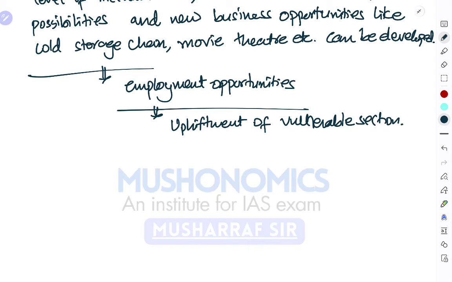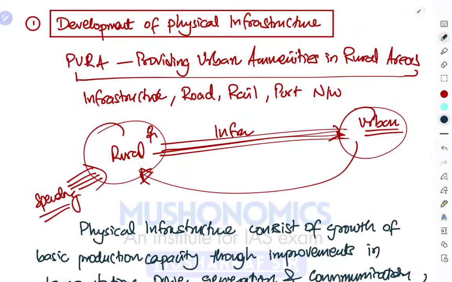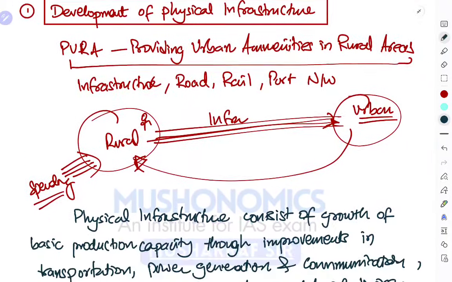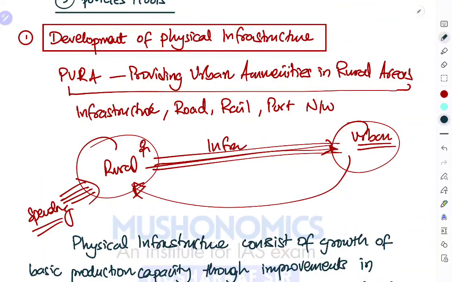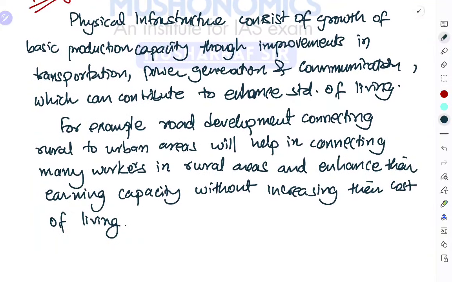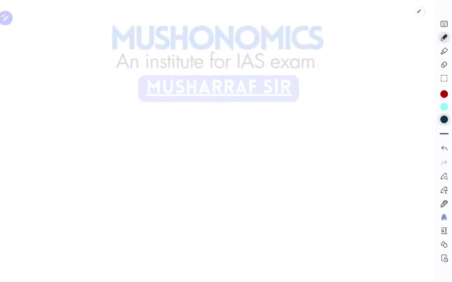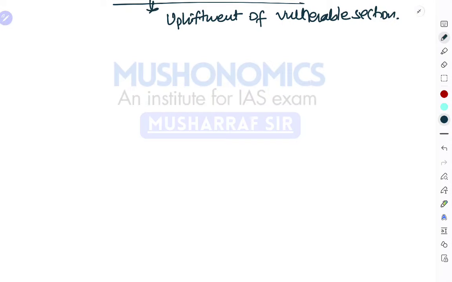For example, we talked about three things here, right? We talked about road, rail and communication. Now let's understand how communication development helps. So we discussed here transportation, power generation and communication. Now let's understand how communication helps better.